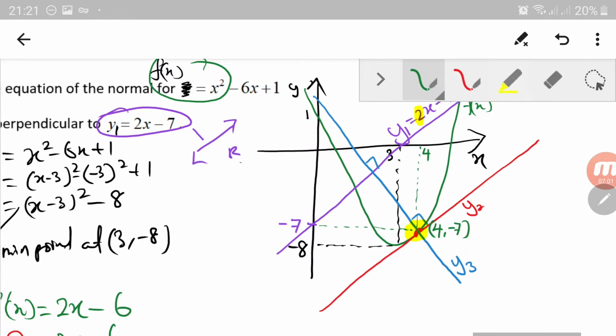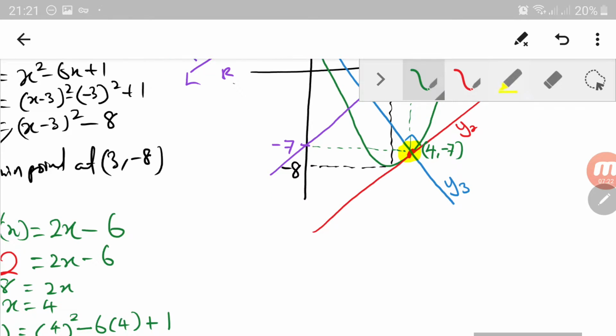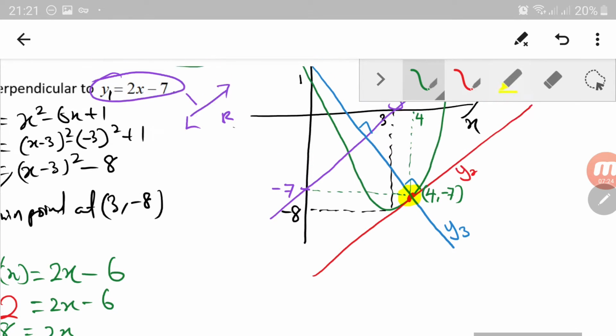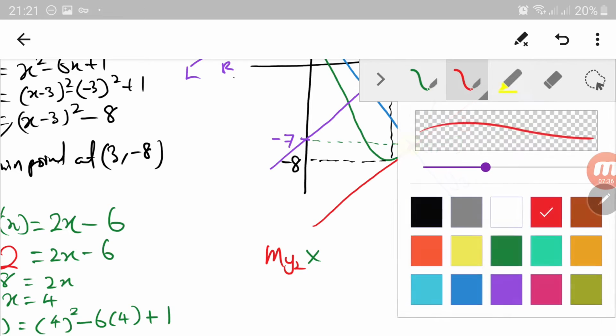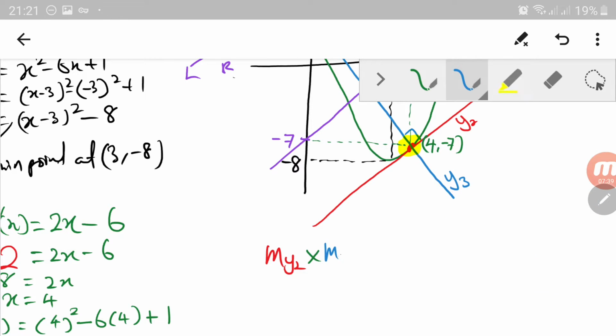Since y3 is perpendicular to y2 and y1, the purple and the red line, we can use this equation: m of y2 multiplied by m of y3 equals minus 1.